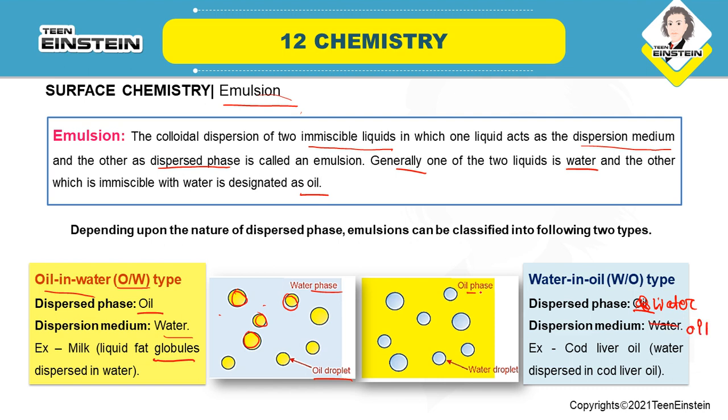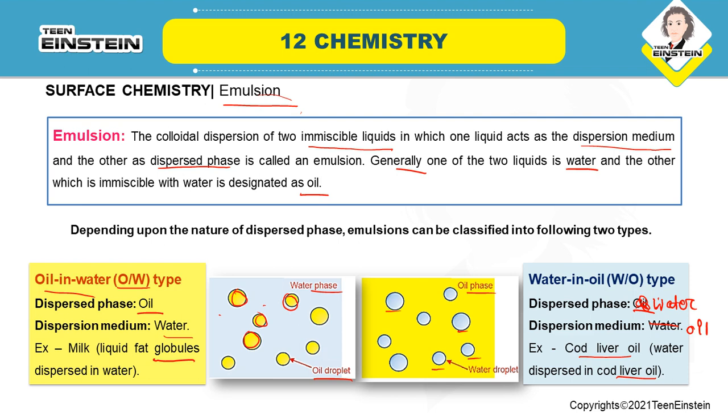Here we can see the oil phase shown in yellow color, and the water droplets, which are the dispersed phase, are shown with these circles. An example is cod liver oil. In cod liver oil, water is dispersed in the cod liver oil, and the dispersion medium is the oil, the liquid which is immiscible with water.